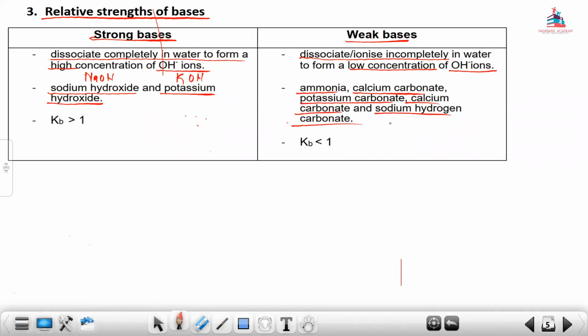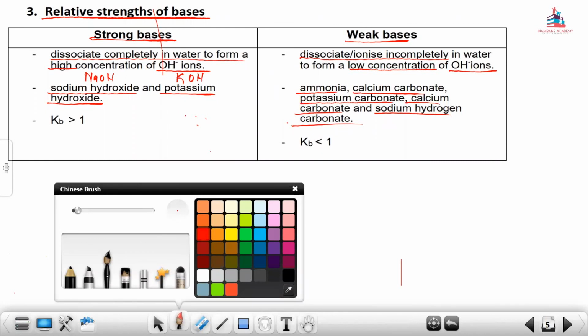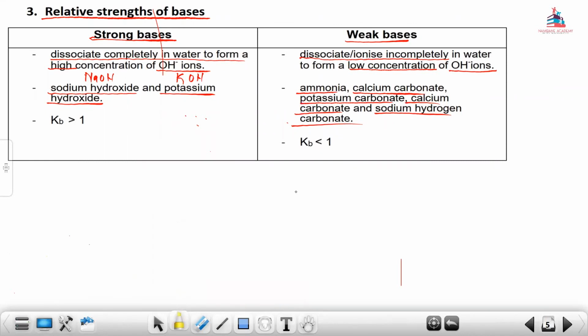Then also, like we did with the acid, we have the Kb value for this one. The Kb value is basically a base constant. The Kb value also indicates the relative strength of the base.